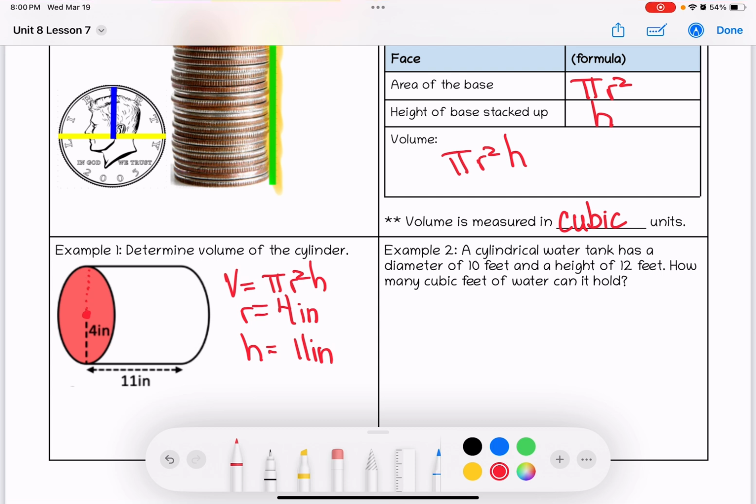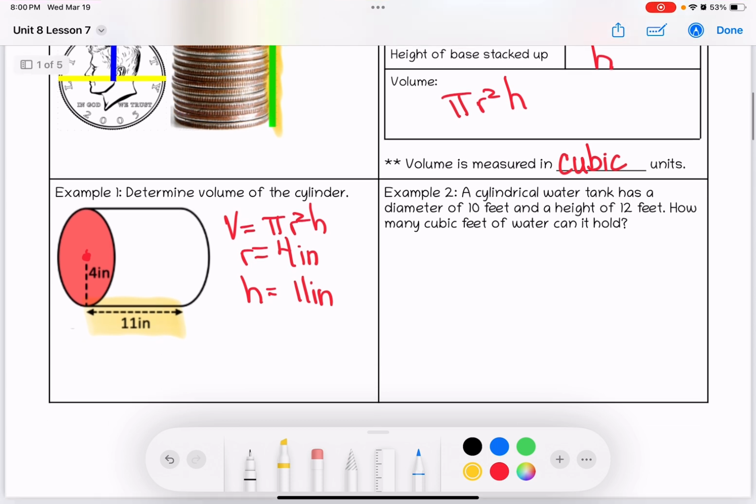So either you're going to have a radius or a diameter, and then the height is going to measure from the top circle to the bottom circle. For example, if we use the toilet paper roll, this would be one side of the roll, this would be the other side, and this is what's going to fit on a holder.